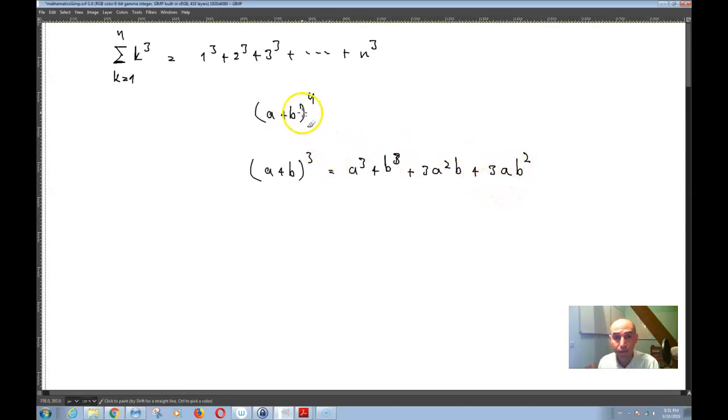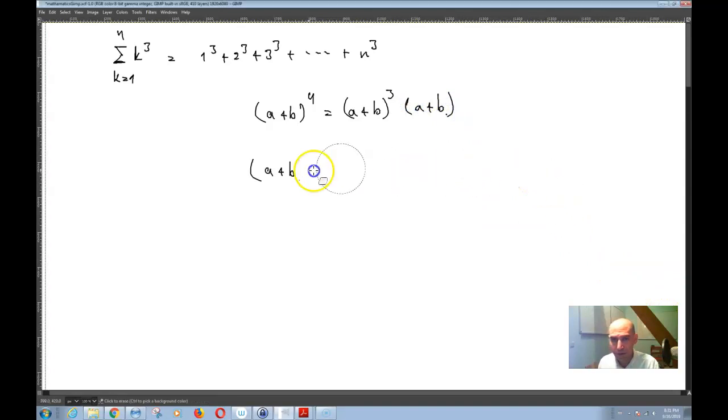So the same thing, you can write this as a plus b whole cube times a plus b, which is a cube plus b cube plus 3a squared b plus 3ab squared, times a plus b.